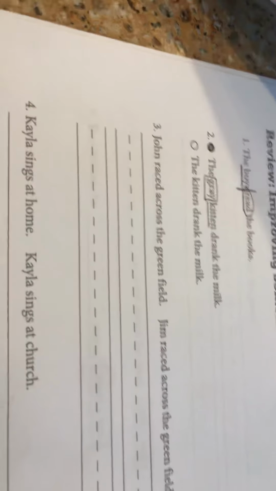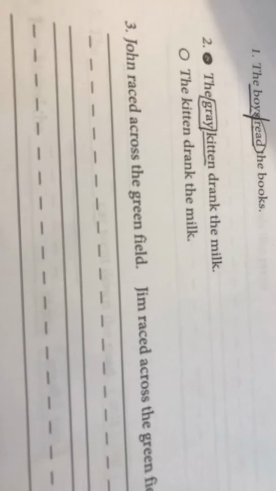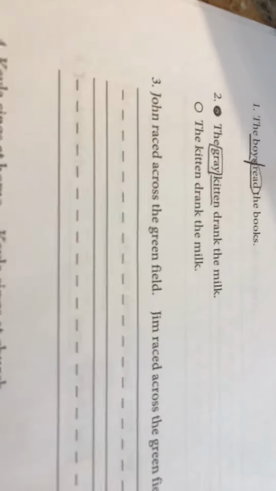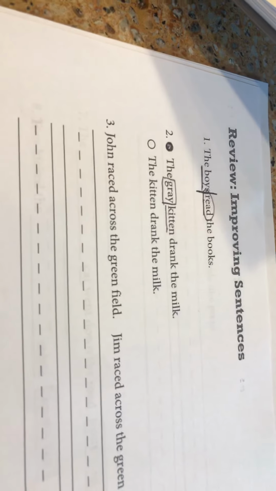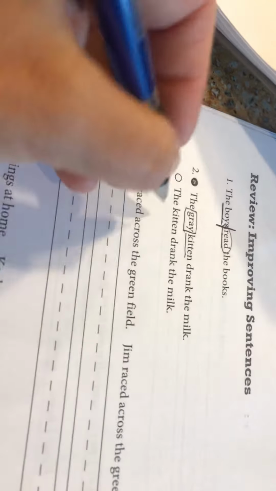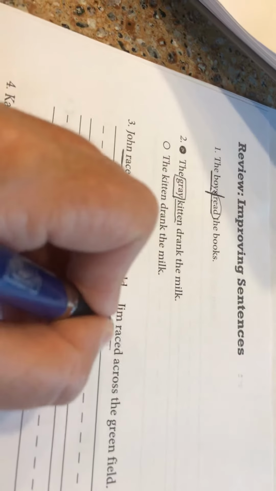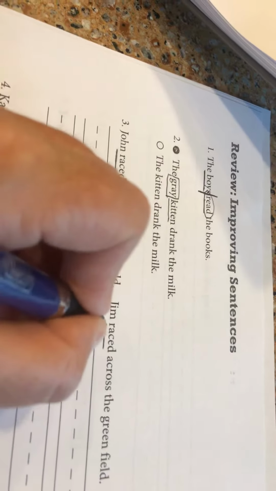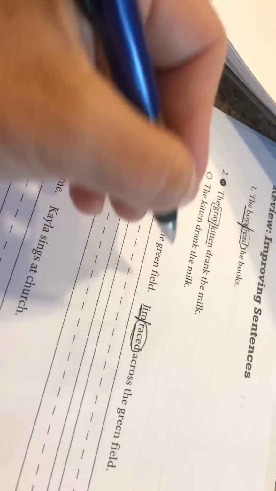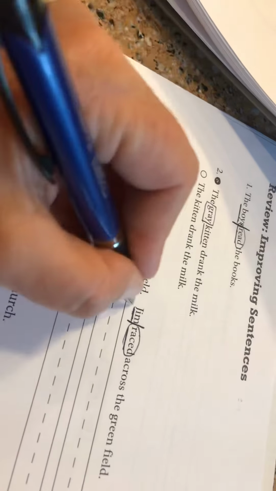When I look at number 3, I have two sentences. John raced across the green field. Jim raced across the green field. In these two sentences, my verb is raced. My subjects are John and Jim, and the parts that are the predicates are the same.